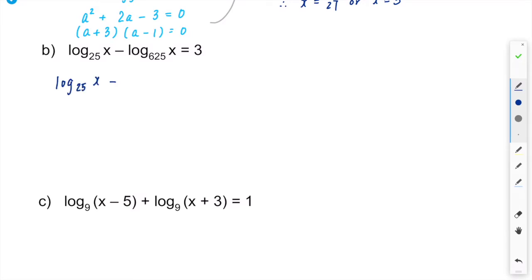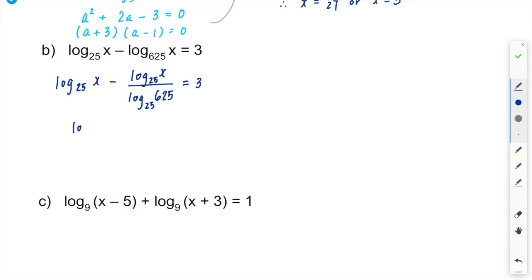And it would be convenient if we keep, say, the smaller base here, the 25, and rewrite the second term as log x over log 625 of any base. Well, since we want to be able to combine any terms with x, a convenient base to choose this time would be 25. Let's see what this simplifies into.